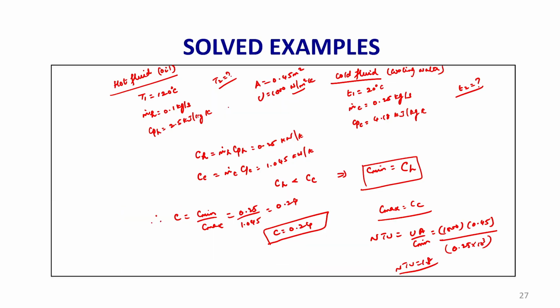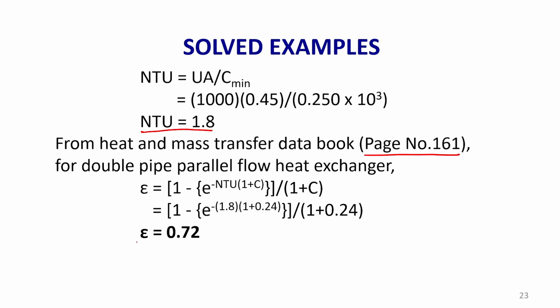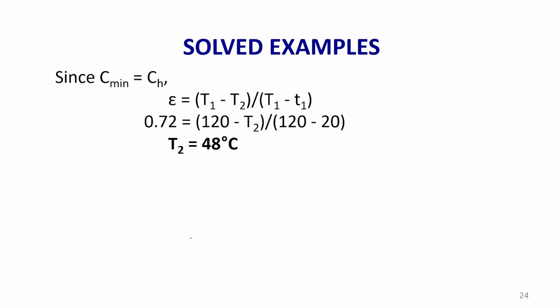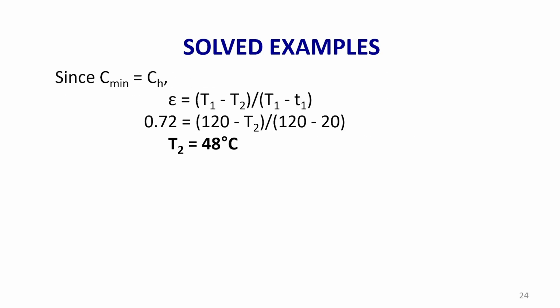Use this equation and you will get the effectiveness 0.72. We have been asked to find out the effectiveness of the heat exchanger and the outlet temperature of the oil. The outlet temperature of the oil is capital T2, and we can find it out using this formula.